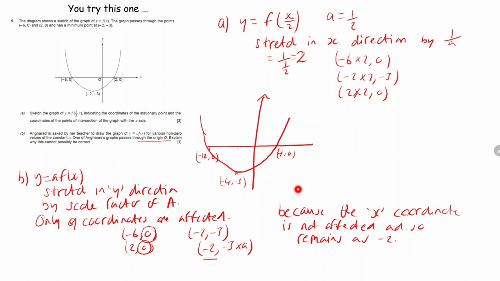It also says actually in this question that a is a non-zero value of the constant a. So what that means is even the y coordinate can never be 0, because to get -3 to 0, you'd have to multiply it by 0, and it's implying that a is non-zero. But you only need one reason, and that would be the reason. Okay?